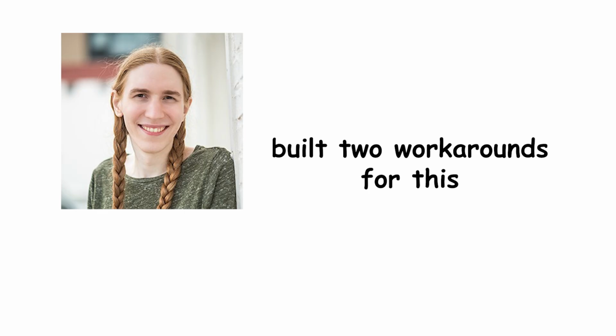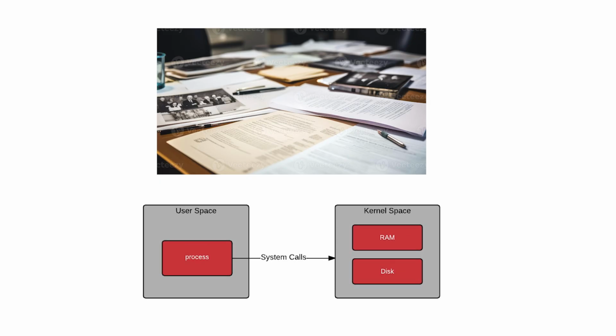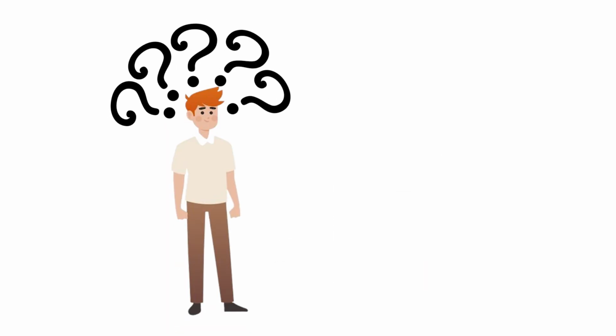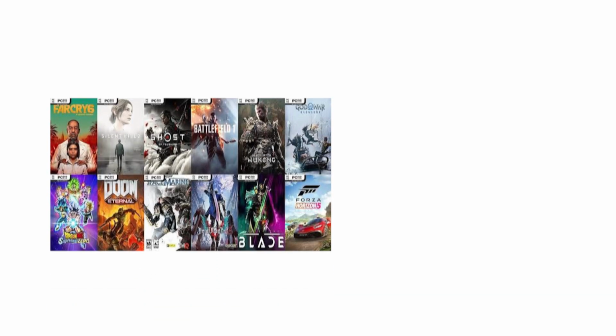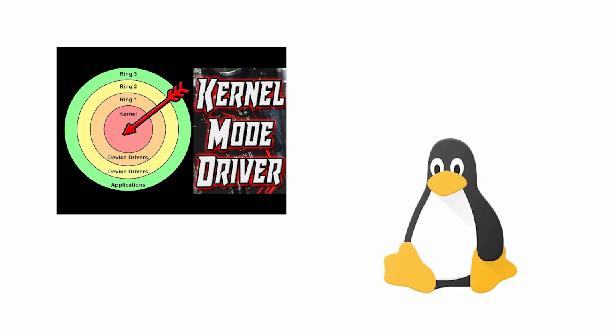A CodeWeavers engineer named Elizabeth Figura built two workarounds for this, called eSync and fsync. Both pushed the work into userspace to cut the round trips. They helped, but they never matched the exact behavior Windows defines. Some games stayed broken. So Figura built the real fix, a kernel driver that implements the NT synchronization primitives directly inside Linux.